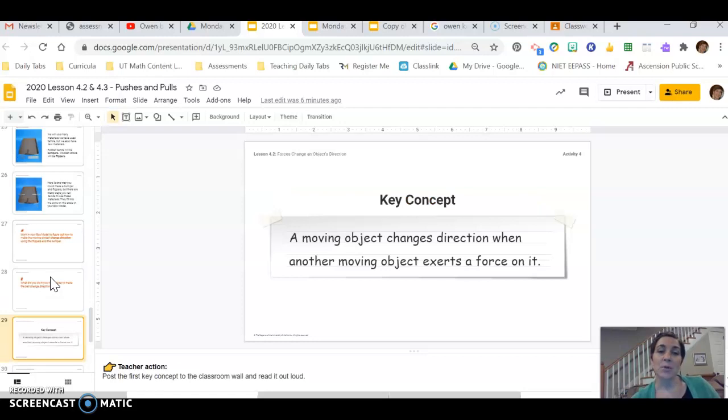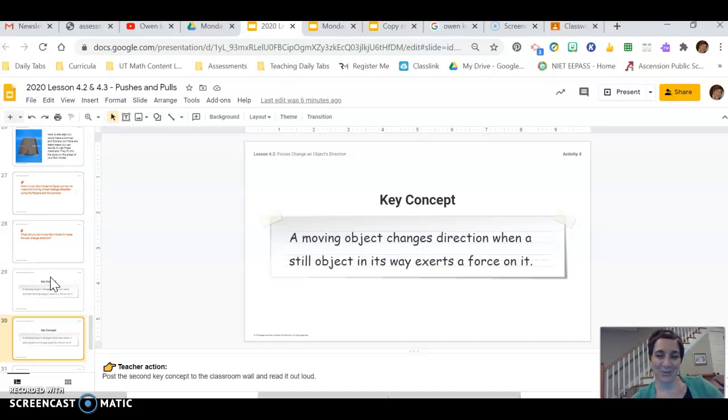Okay, so a moving object changes direction when another moving object exerts a force on it. But remember, it could also be a still object. Here's the next one. A moving object changes directions when a still object in its way exerts a force on it.